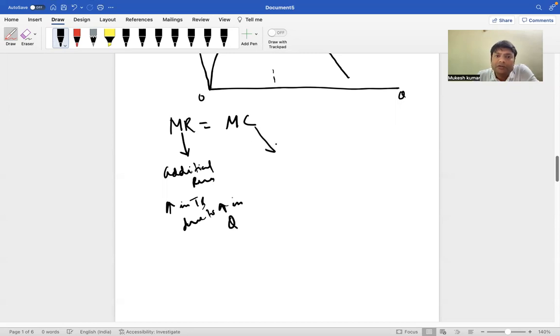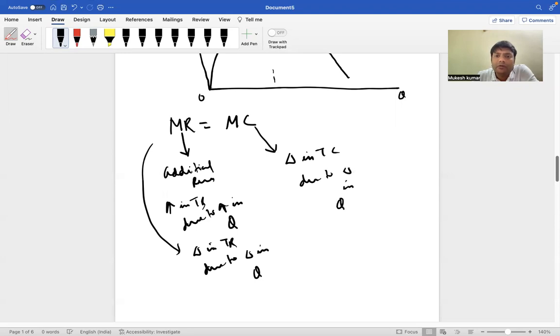That is, the change in total revenue due to the change in output sold. And marginal cost is the change in total cost due to the change in production of the goods.